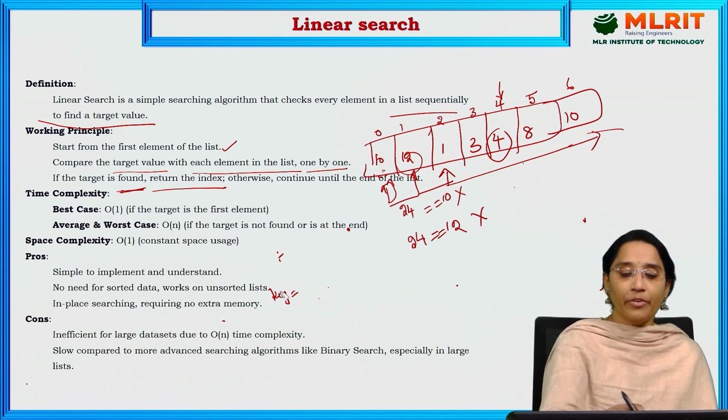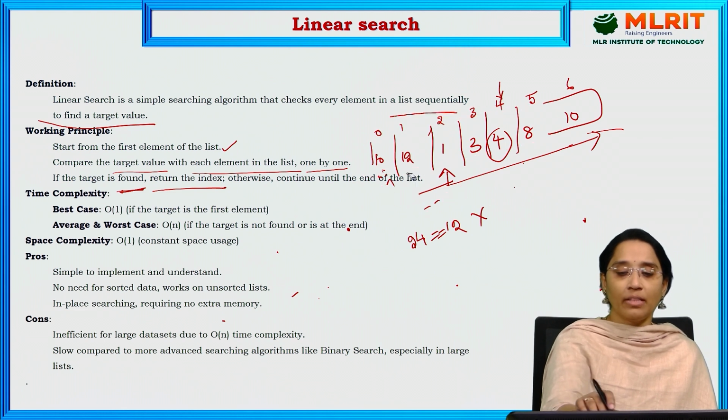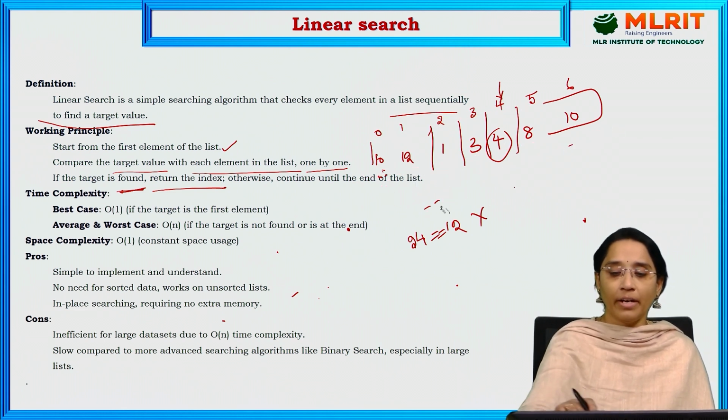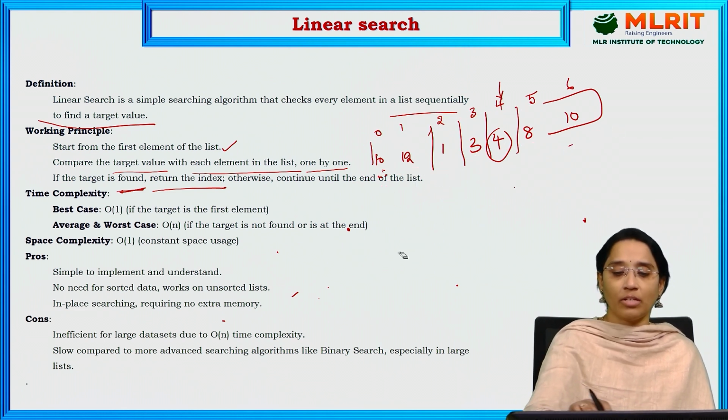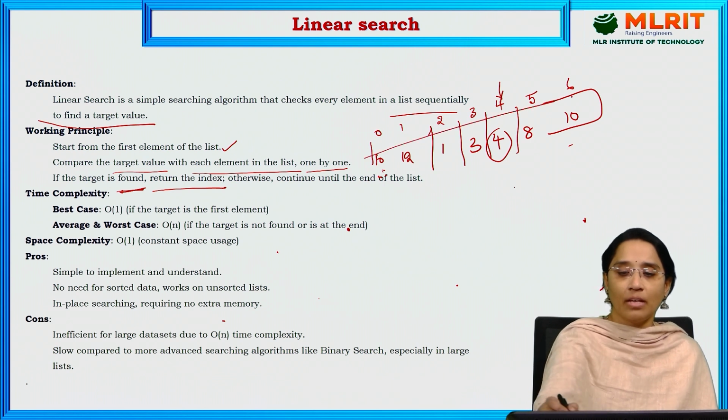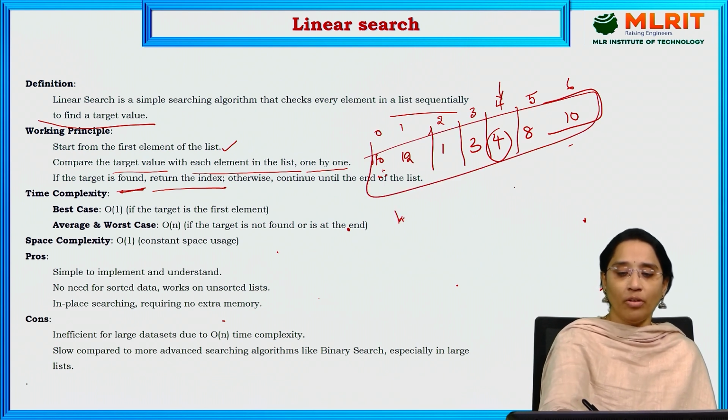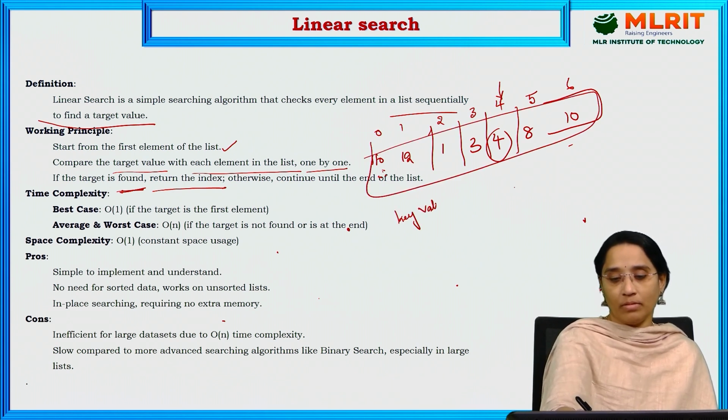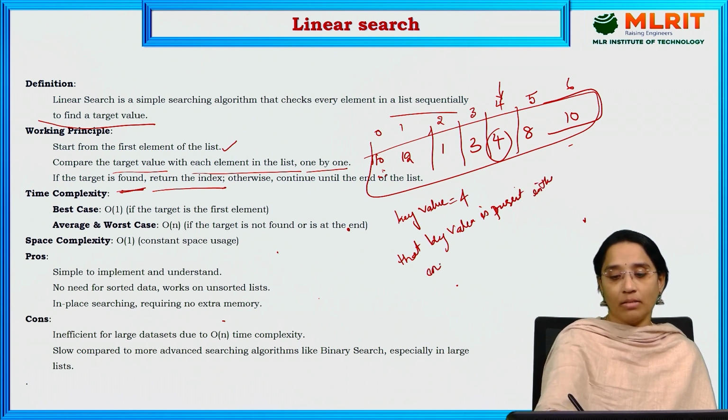If you find the element in the list, what should we get? We should get the index position. In the previous case, my key value was 4 and that key value is present at index 4.